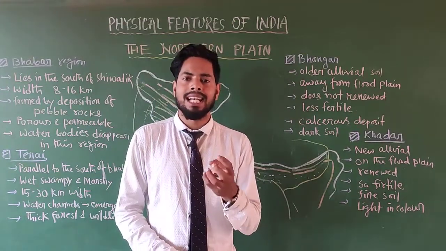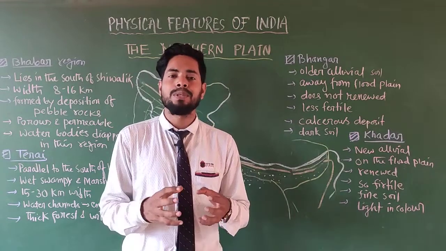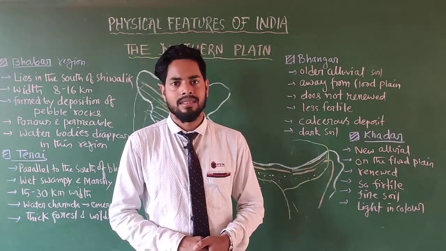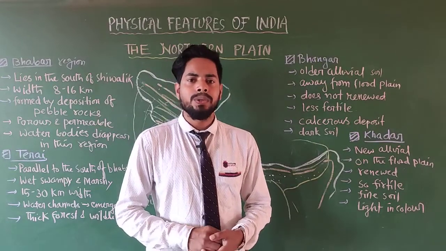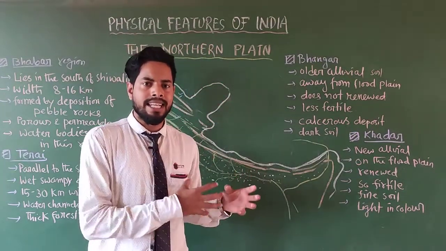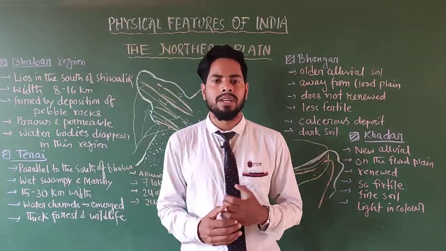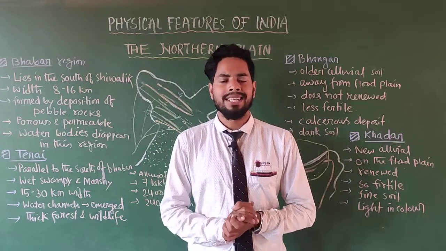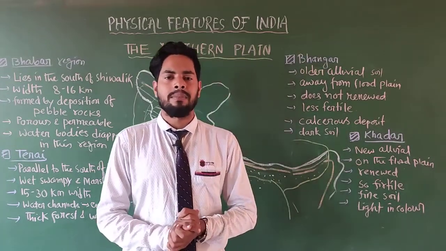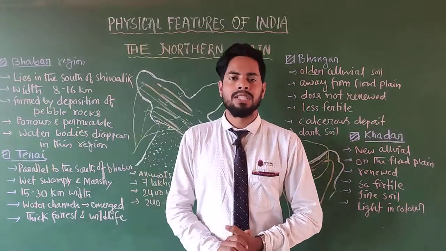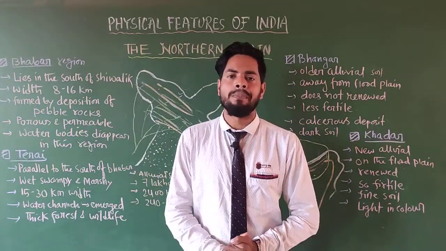This soil is light in color and composed of fine grain soil. So, dear students, these are the categories, the divisions of the northern plain. I think all of you now understand the northern plain as a major physiographic division of India.